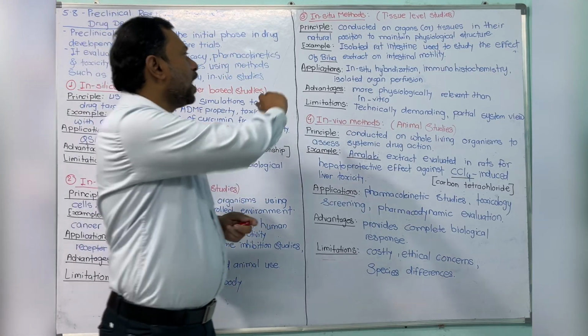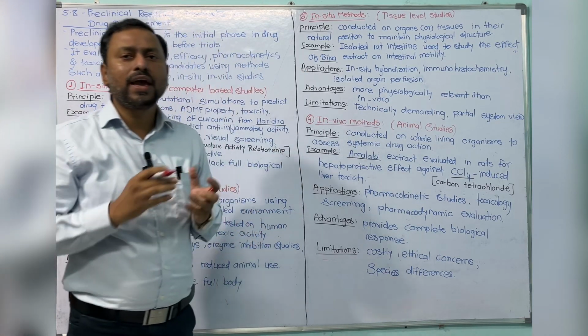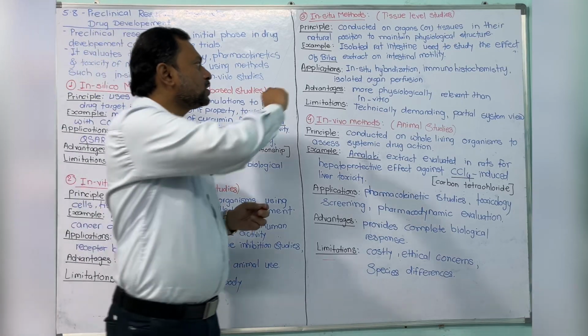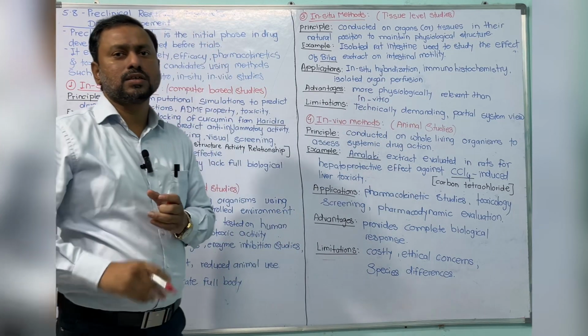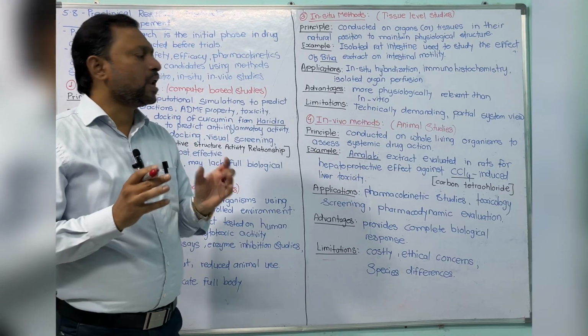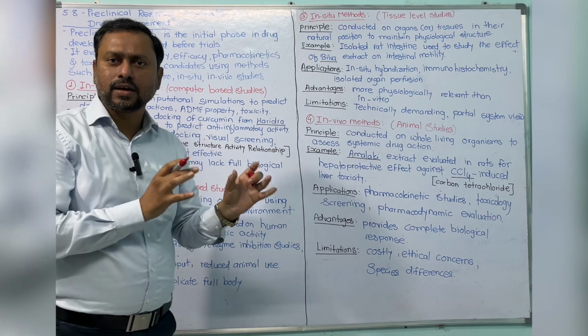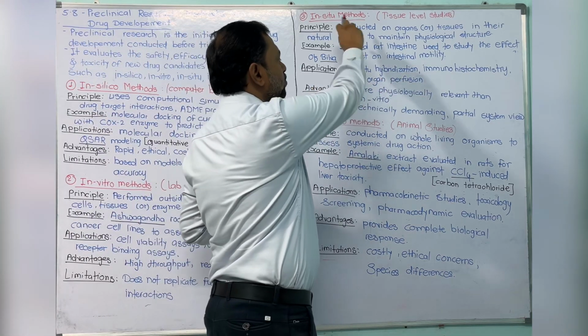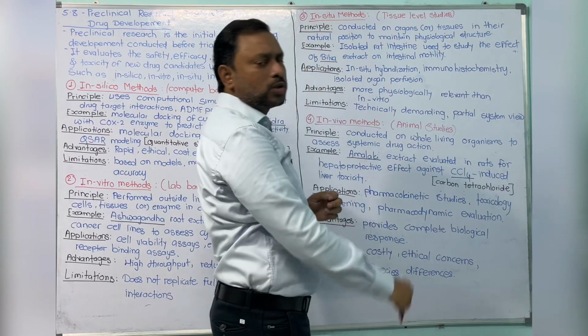Next are the applications, where we are using this in situ method. The first is in situ hybridization. Here, in gene analysis, where the gene is located in its natural position, that also we can analyze in this method. Next is immunohistochemistry.